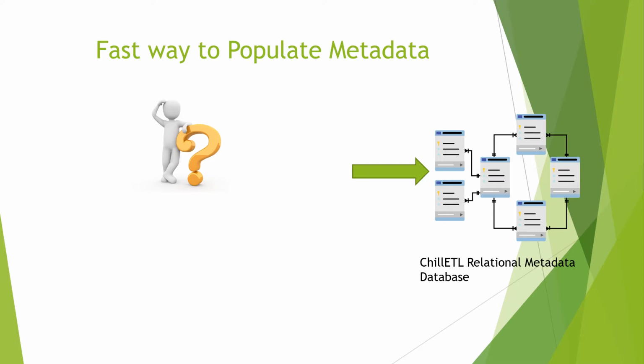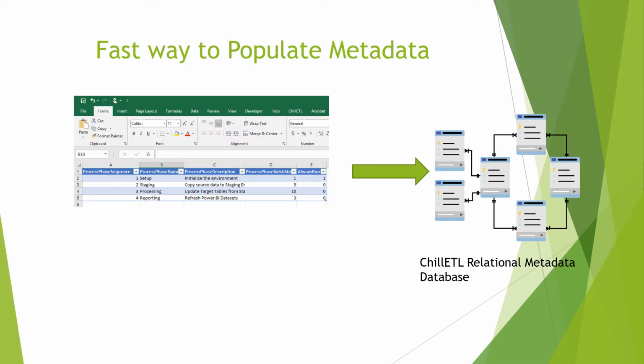And so we said, what would be a fast way to allow the developer to do that? And we decided on using Excel as the front end to our metadata. So you basically can copy and paste and populate long lists of objects fairly quickly.